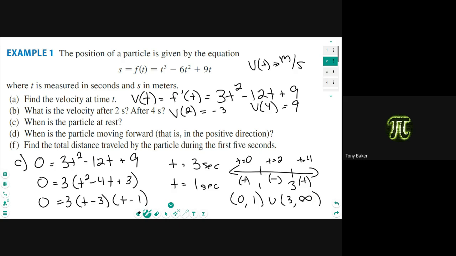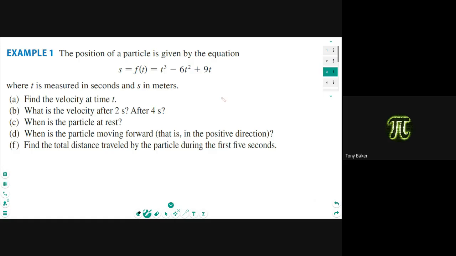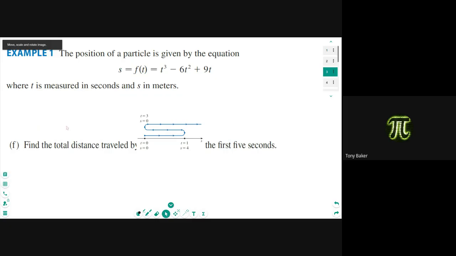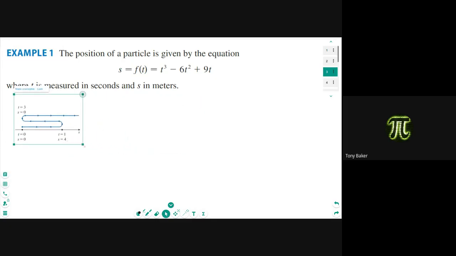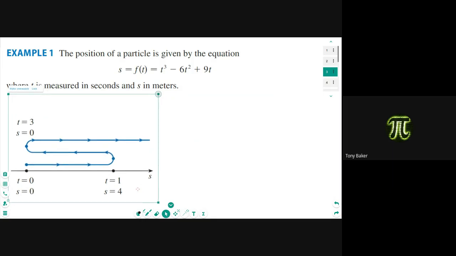So the particle is doing something that looks like this. That's what the particle is doing.